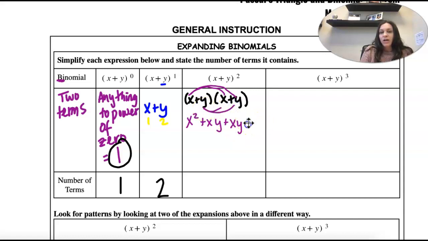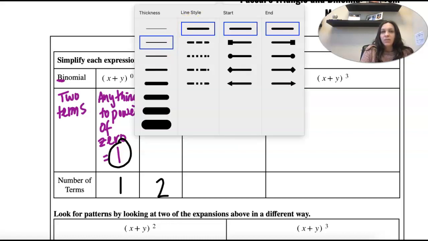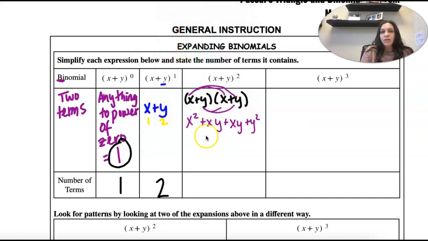Y times y is y squared. So when we combine like terms in the middle, we have 2 xy's, and then we still have y squared and x squared. So this is 1, 2, 3 terms.